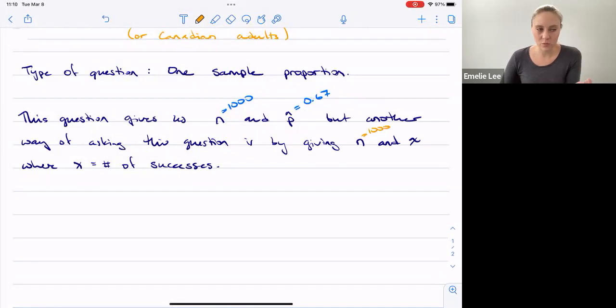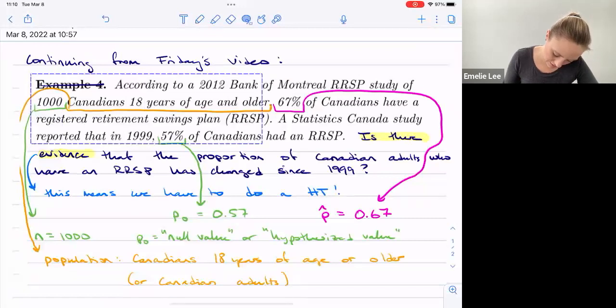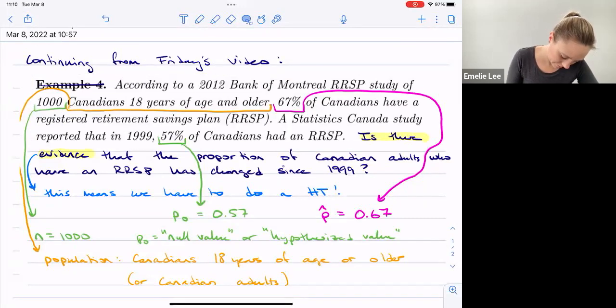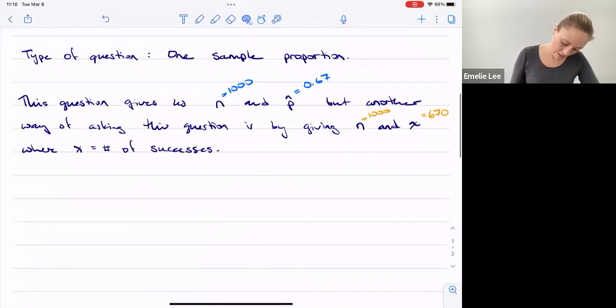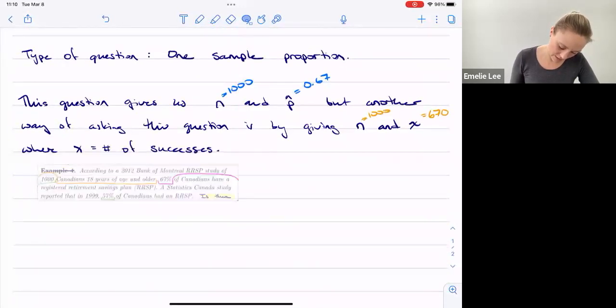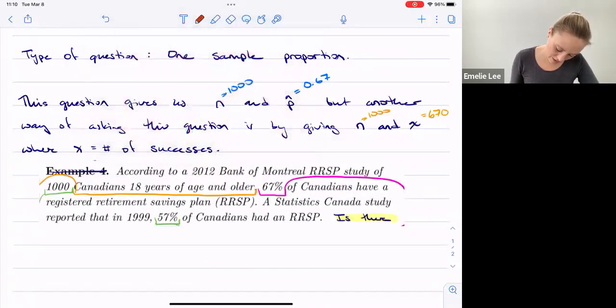But then the x would be the number of successes. So it might say 670 of those Canadians. Instead of 67%, it might say 670 of those Canadians have an RRSP.